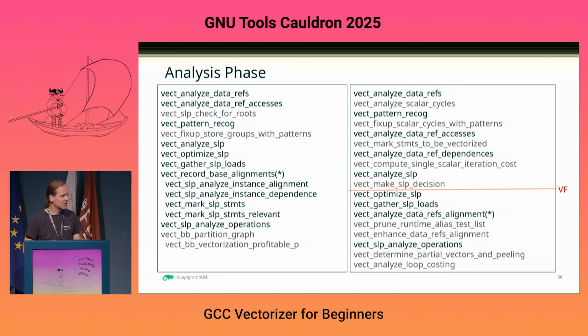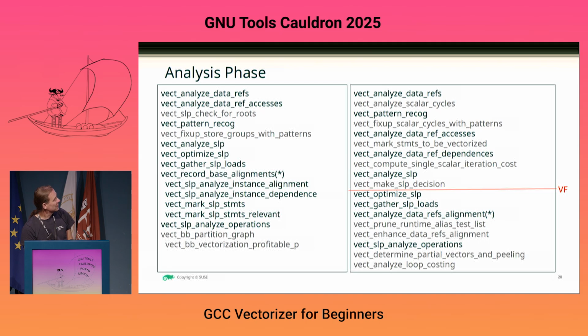And at the very end, we compute a cost and see, well, is it profitable at all? Or we ask the target, is that variant of the analysis now a better idea than the previous one that was the best?